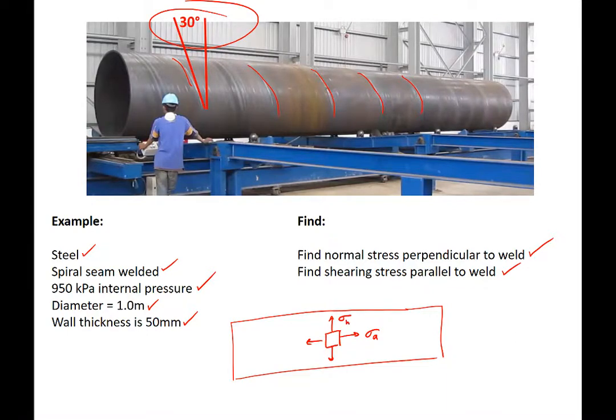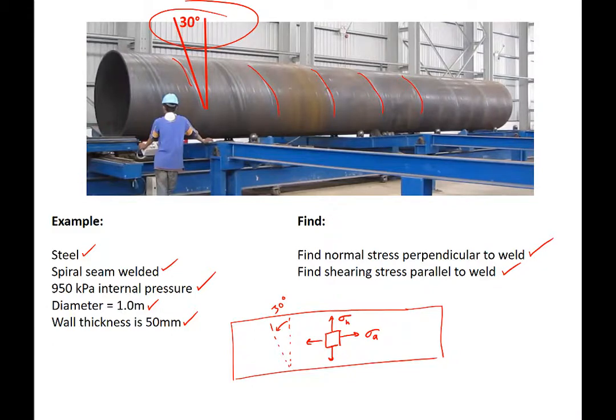Just like we have done in the past, where we have a sigma x and a sigma y, it happens to be the axial and hoop stress. And in this case, we want to know what's going on a plane that is off at 30 degrees like that.